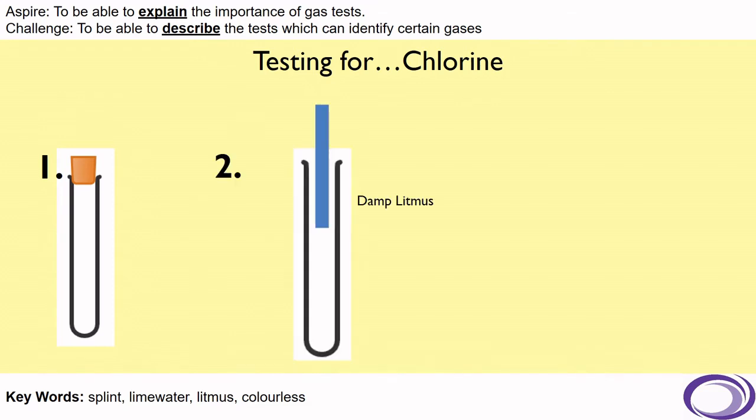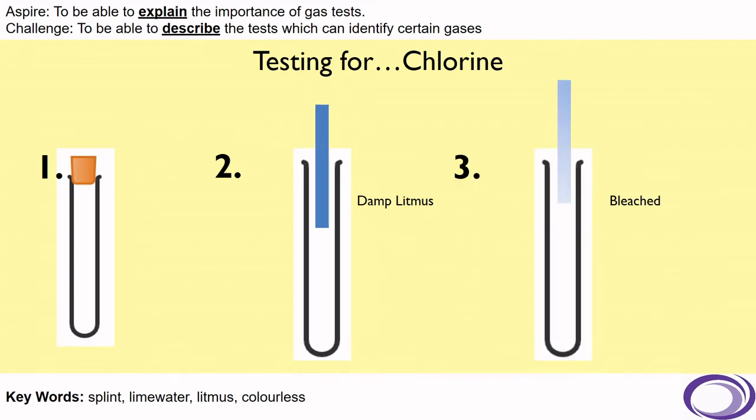Now, this time we will place damp litmus paper into that sample. It can be either colour litmus paper, and the next video I'll show you uses both colours so you can see the difference. Now, the chlorine reacts with that and actually bleaches the colour from the litmus paper.